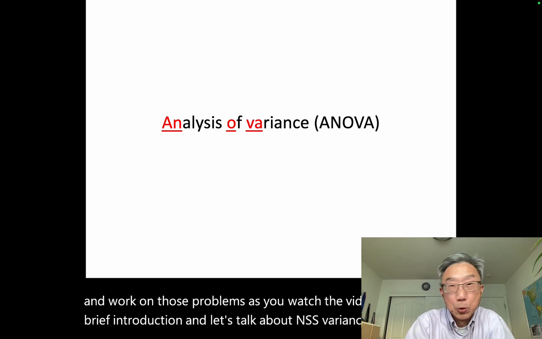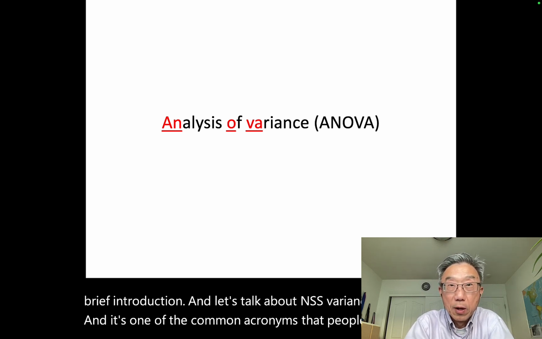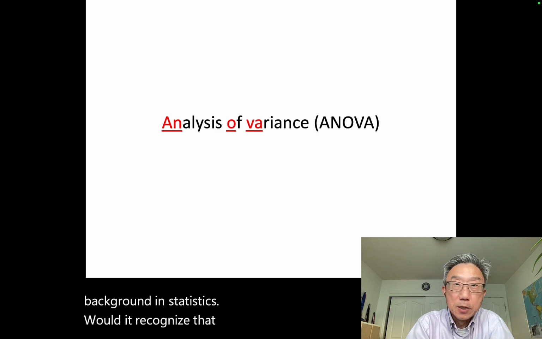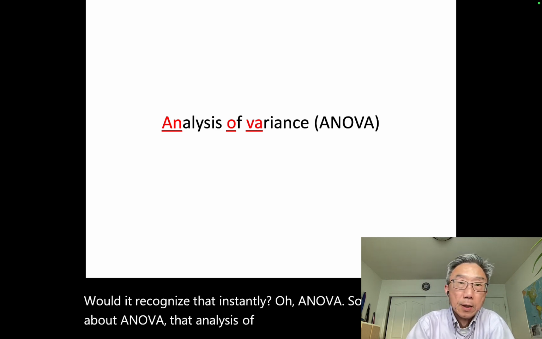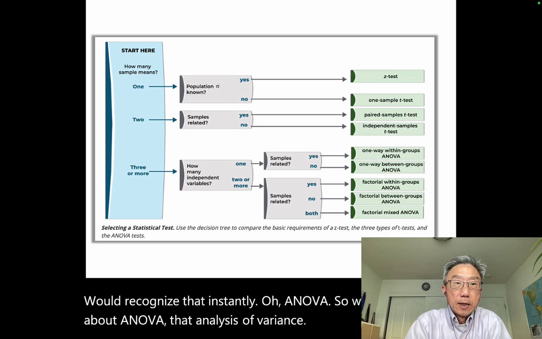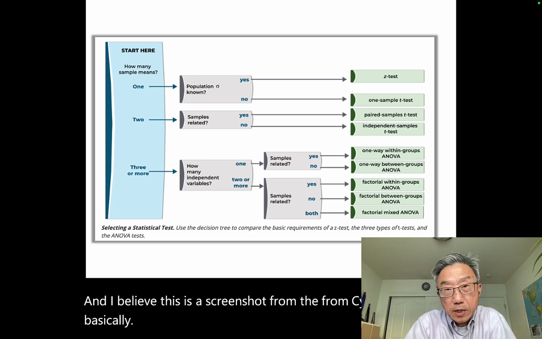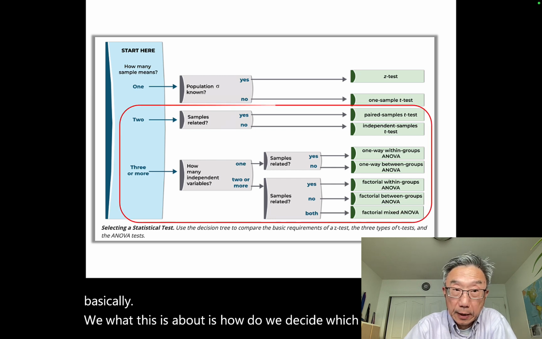It's one of the common acronyms that people who have a background in statistics would recognize instantly. Oh, ANOVA. So we're talking about ANOVA, that analysis of variance. I believe this is a screenshot from Scikit-learn. Basically, what this is about is how do we decide which analysis to conduct.